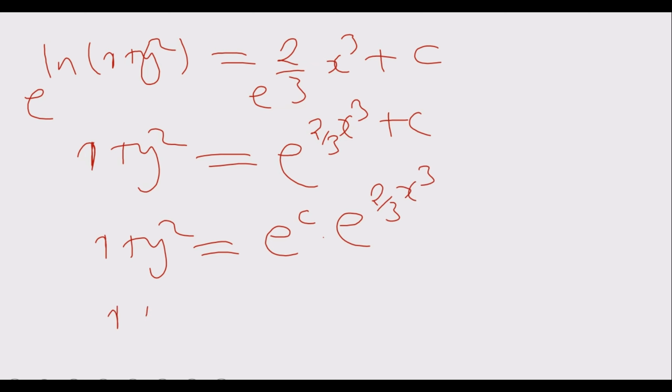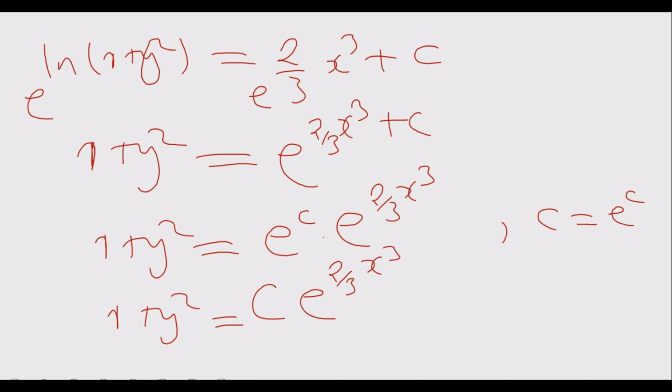So we let c be this exponential constant, and we have 1 plus y squared equal to c exponential of 2 over 3 x to the power 3. Then we make y squared the subject of the formula.